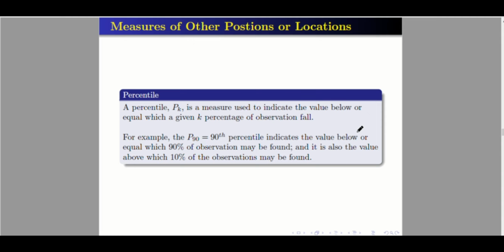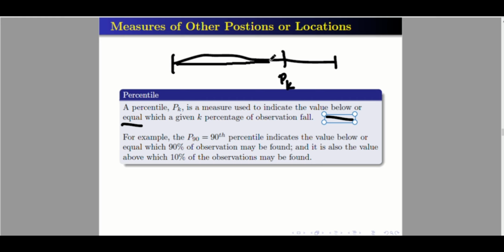Now let's go to percentile. A percentile, or P sub k, the kth percentile, is a measure used to indicate the value below or equal to which a given k percentage of observations fall. So take note, below. If we consider a line and this is your P sub k, the percentage of the area to the left is k percent.